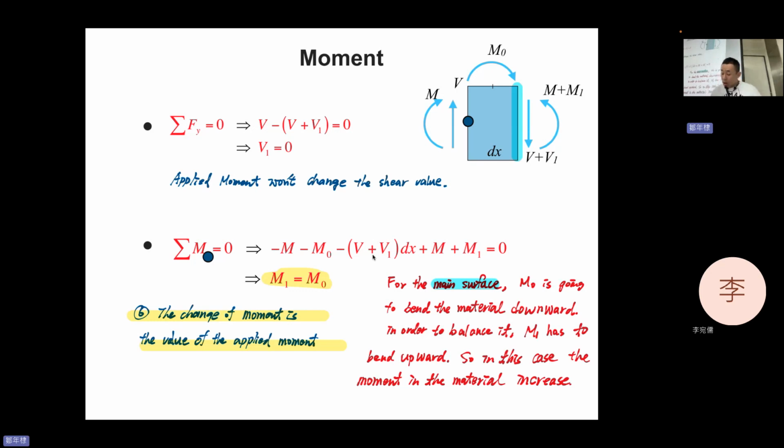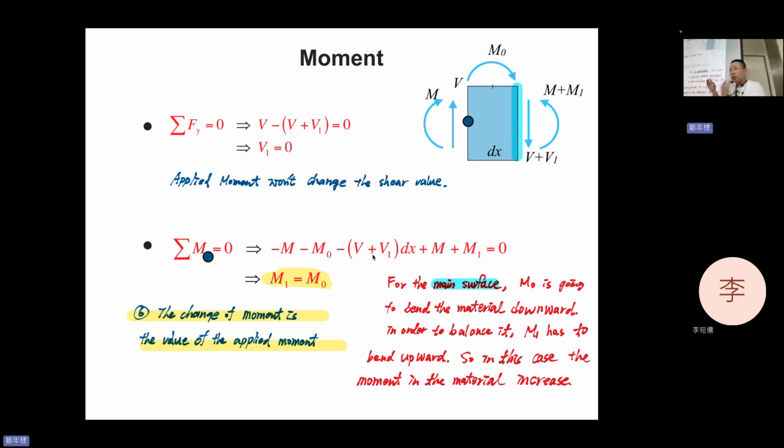Okay. So the reason why I talk too much here, because your seniors, 学长学姐, sometimes cannot identify when we apply M naught, whether it should increase the M1 or decrease the M. 是要增加还是减少? So they don't know the direction of the M1.